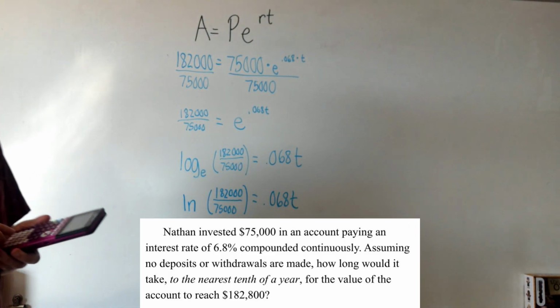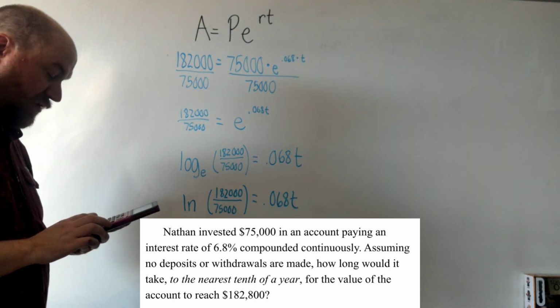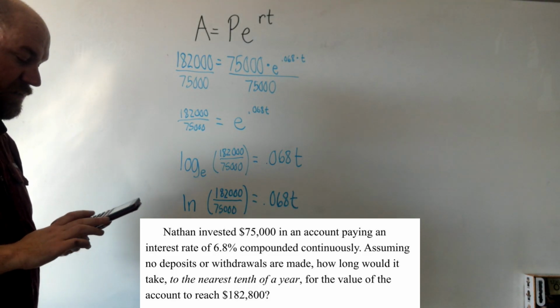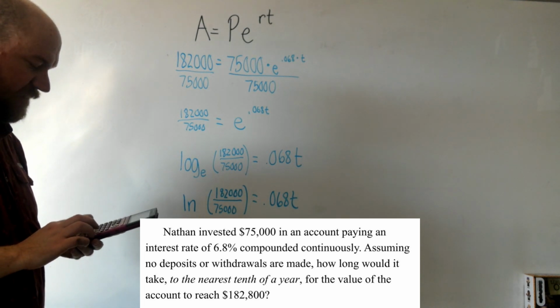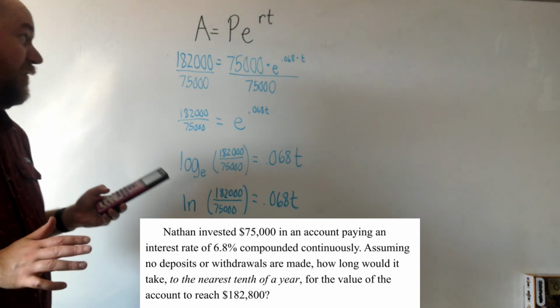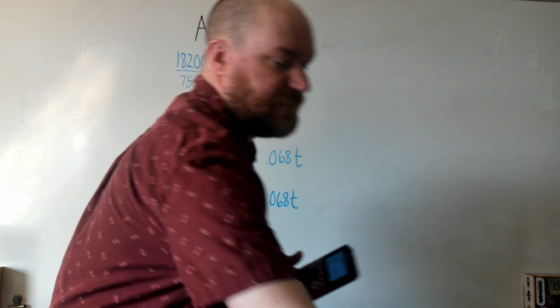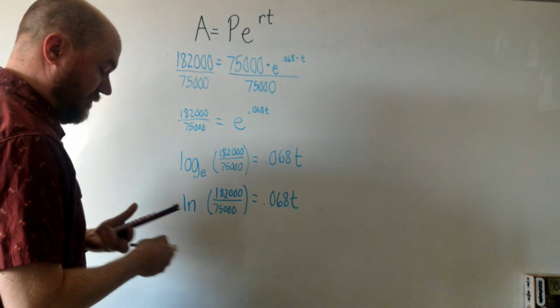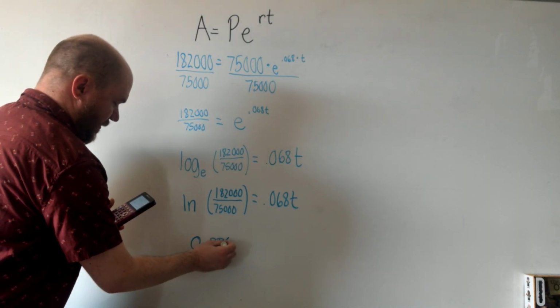The ln button is on the left near the 4. So we're going to hit ln, and we're going to type in our big whole fraction, 182,000 divided by 75,000. That was much simpler than the last one. And we end up getting 0.8865.